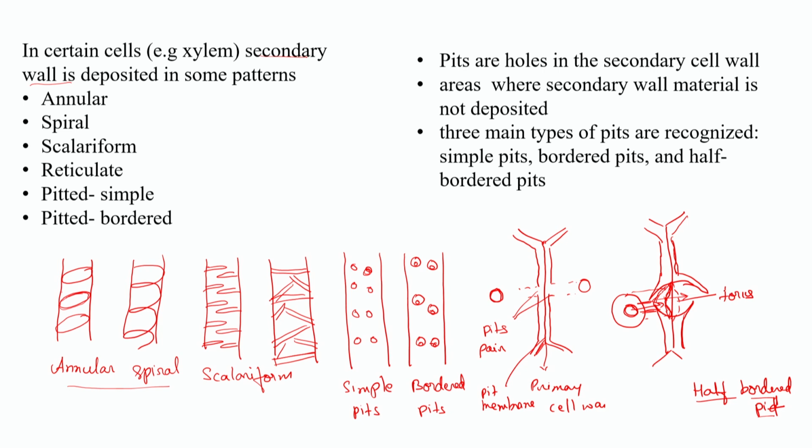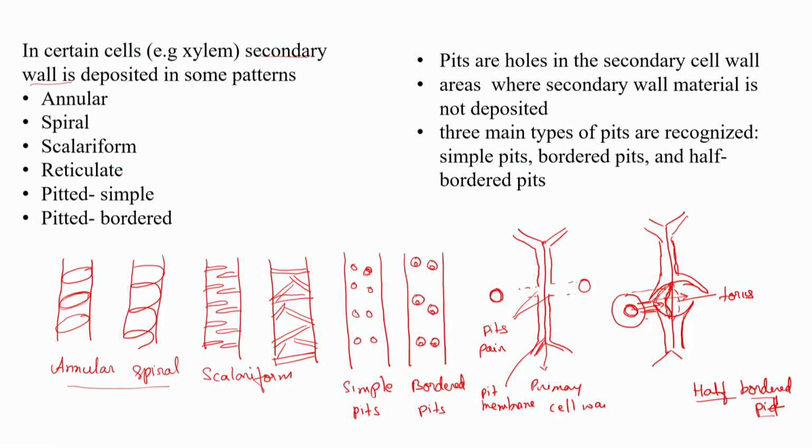So these types of modifications in the secondary cell wall help in defining the function of a plant, because the presence of the secondary cell wall as well as different formations helps in different functions of the plant, which we will see when we study different plant types.